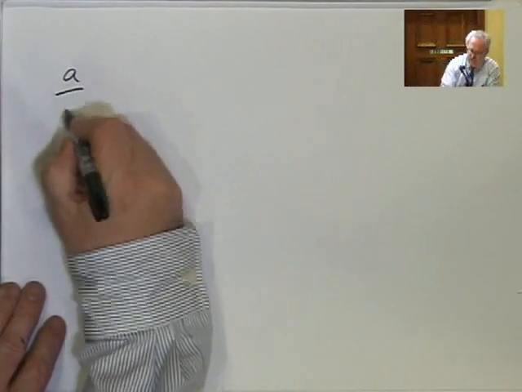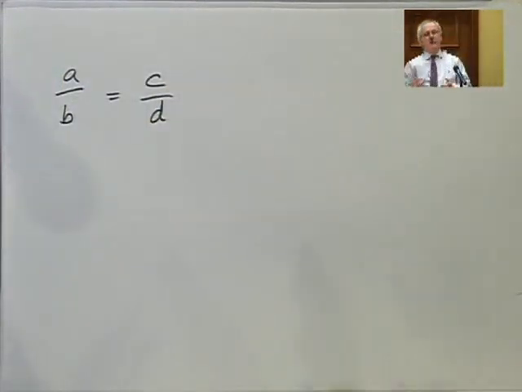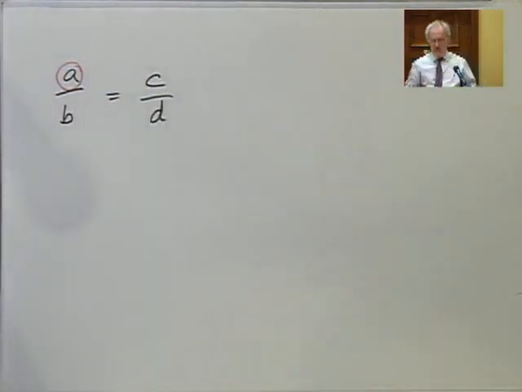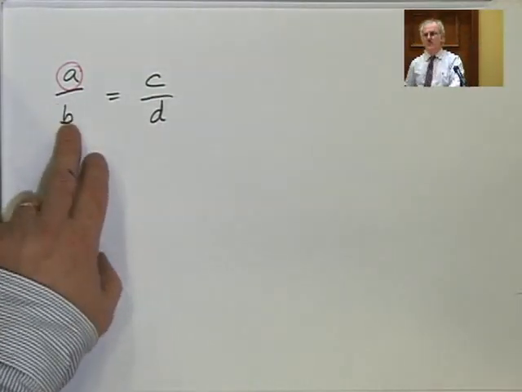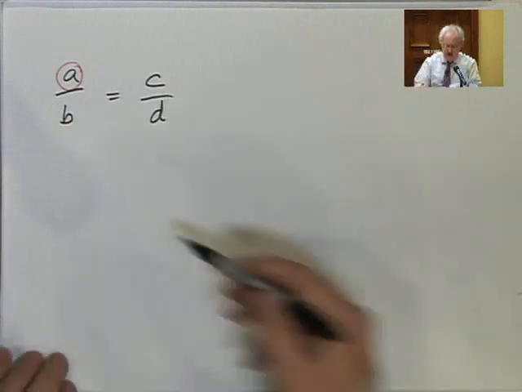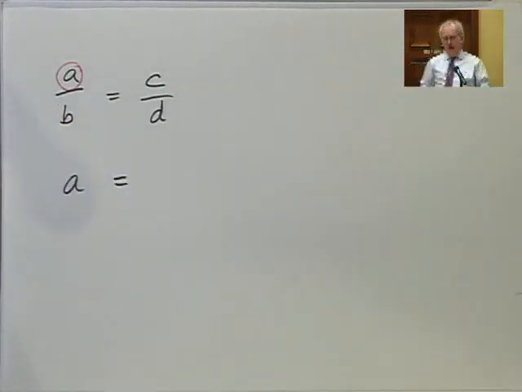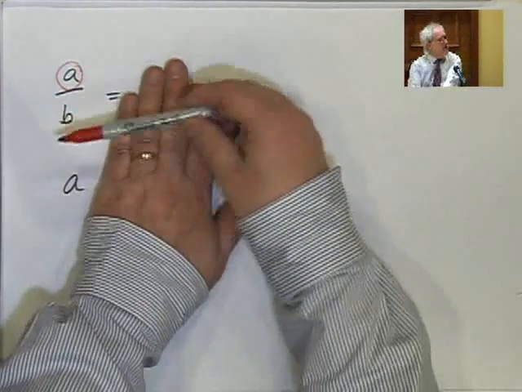A over B equals C over D. Remember I started with, I liked x on the left-hand side. So imagine if somebody says, what's A? I don't want A over B, I just want A. What would the answer be if it was just A here? Well, I could look at the left-hand side, and do I like the left-hand side? Is there anything I don't like?